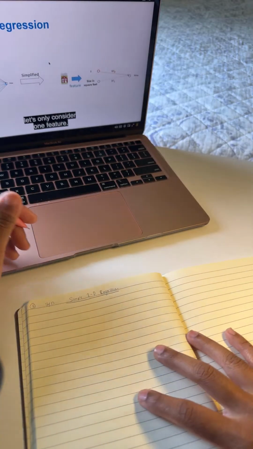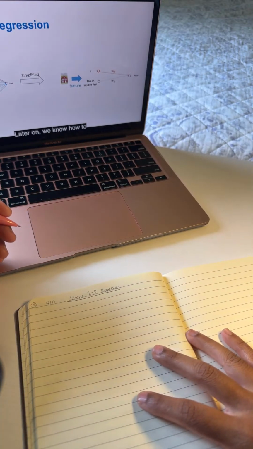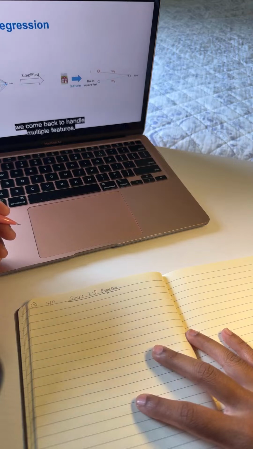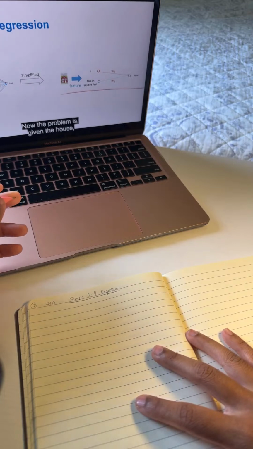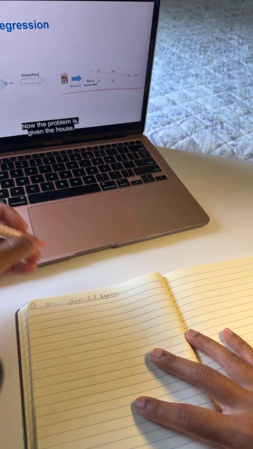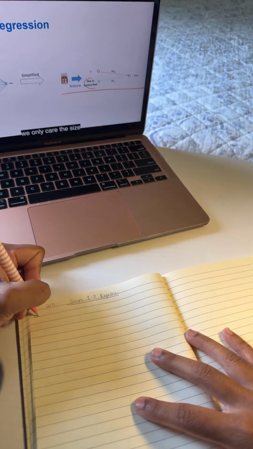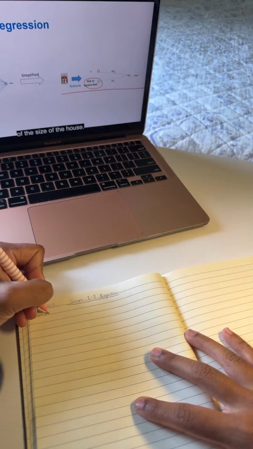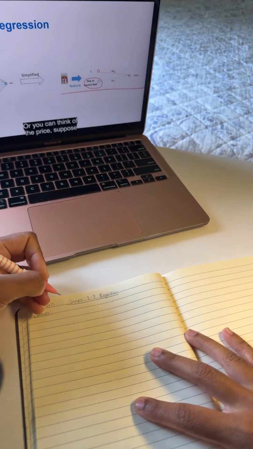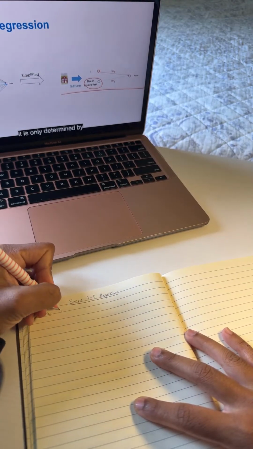Instead of considering multiple features, let's only consider one feature. So later when we know how to solve one feature, then we come back to handle multiple features. So now the problem is, given the house, we only care about the size of the house, or you can think of the price. Suppose it is only determined by the size.